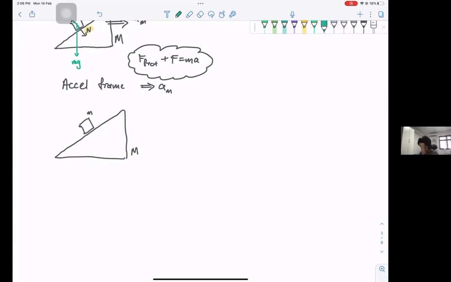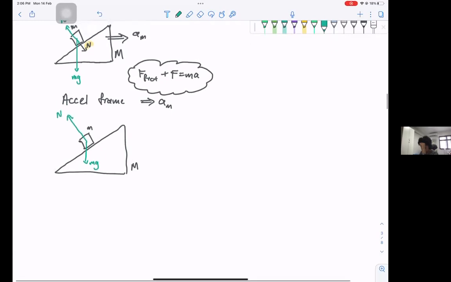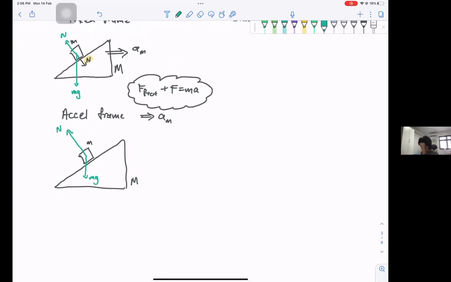First of all, there's mg, then there's a normal contact force, and this N is the same normal contact force that the wedge experiences from the block.